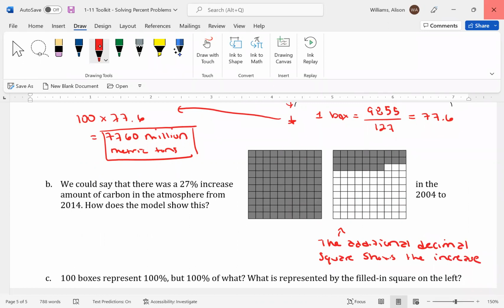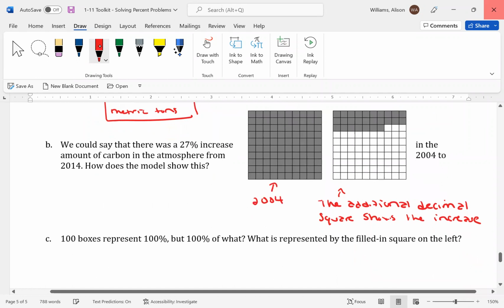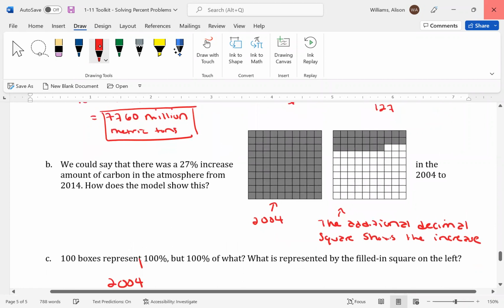So if that's the increase into 2014, then what it increased from was this. This is representing the 2004 amount, and that's what they're asking in part C. So we start with 7,760 million metric tons. That's 2004, and then we had a 27% increase into 2014. So 2014 is basically that first box plus the 27% increase.